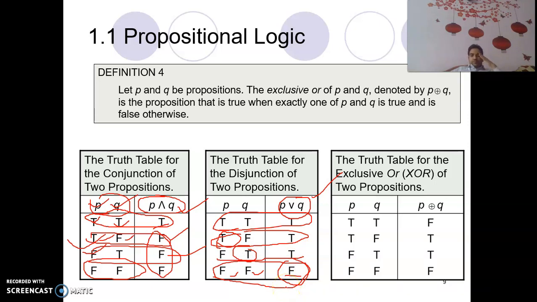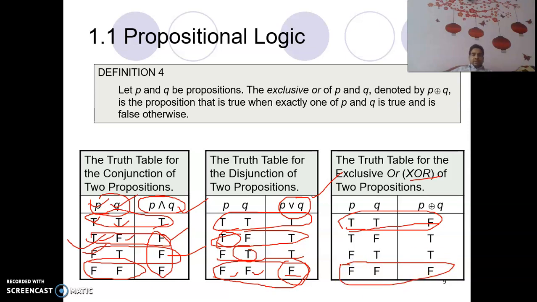One more operator which we can use is the XOR of two propositions. So how does the XOR work? XOR will return false when both variables P and Q are true, and it will return false when both the variables are false.